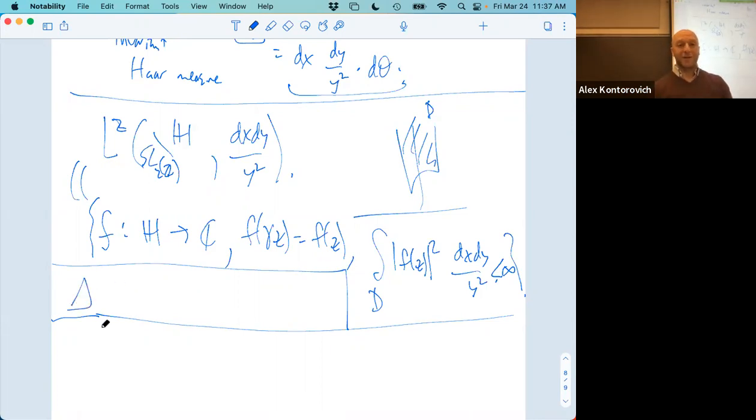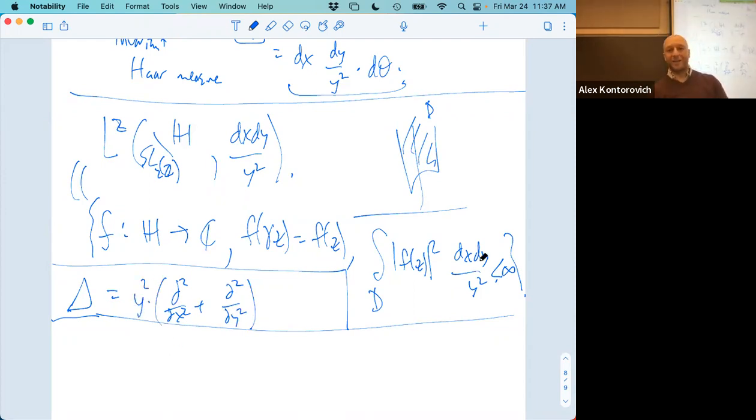There's a Laplace operator, this invariant differential operator. The hyperbolic Laplace operator in x, y coordinates is the Euclidean Laplace operator, two derivatives in x, two derivatives in y, that would be the Euclidean Laplacian, times y squared.